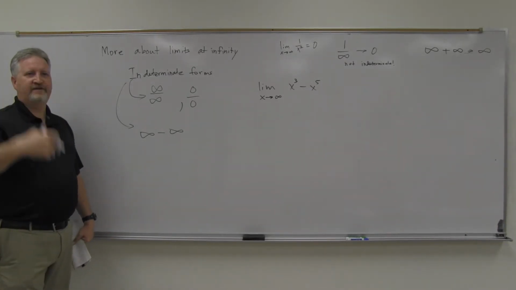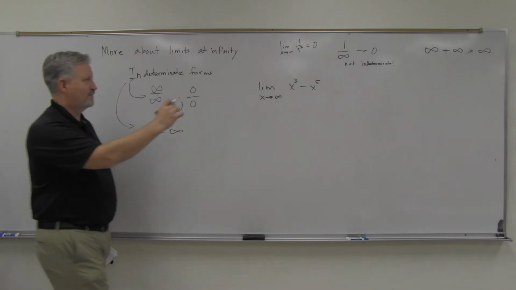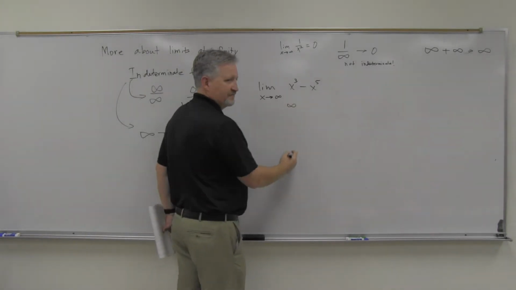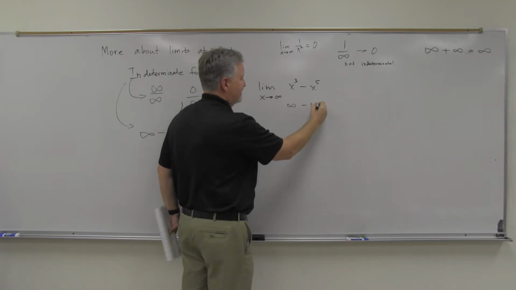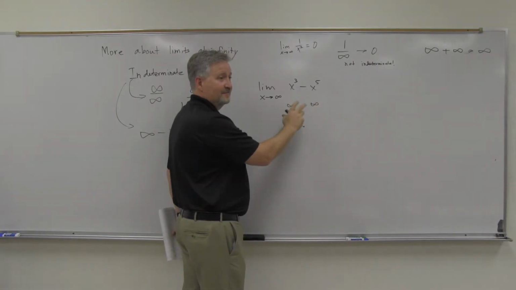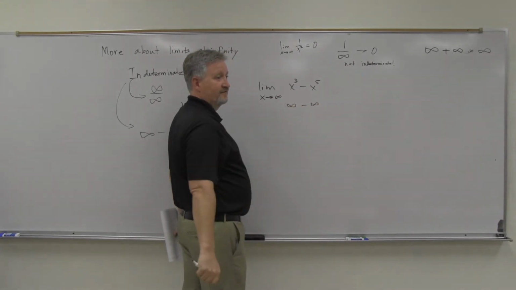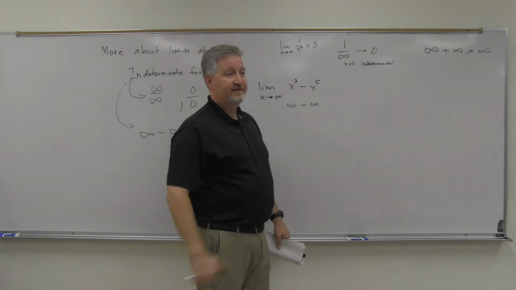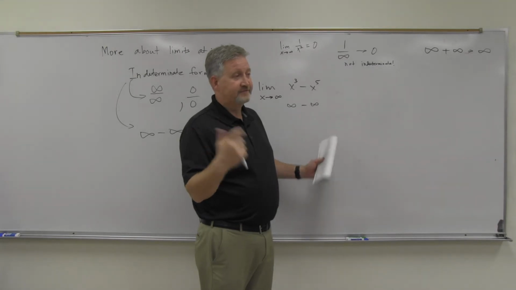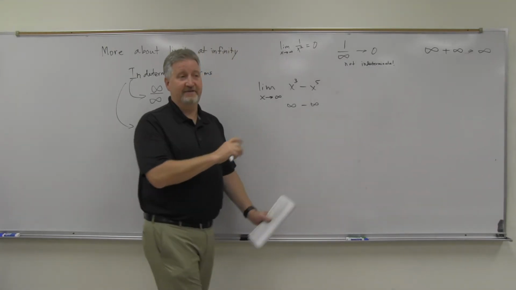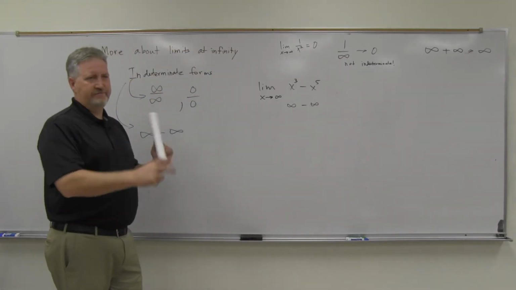Well, if I plug in the infinity, I've got infinity cubed, which is infinity, minus infinity to the 5th, which is infinity. So you see I've got this infinity minus infinity. It's indeterminate. Is it 0? I don't know. Is it infinity? I don't know. As it is, I just can't tell. So I have to do some things.